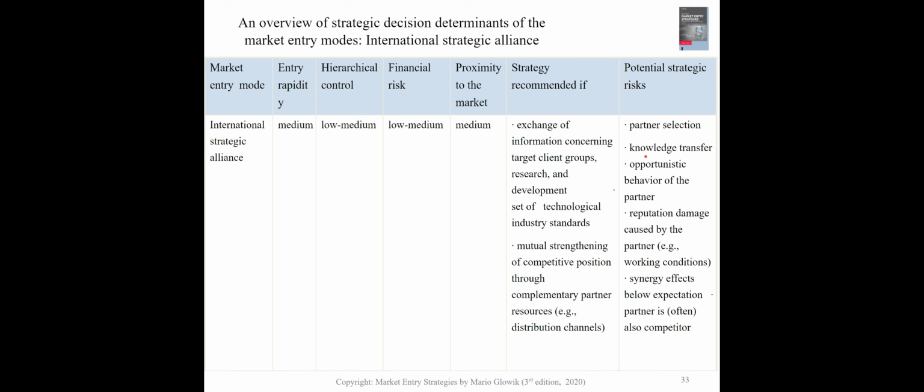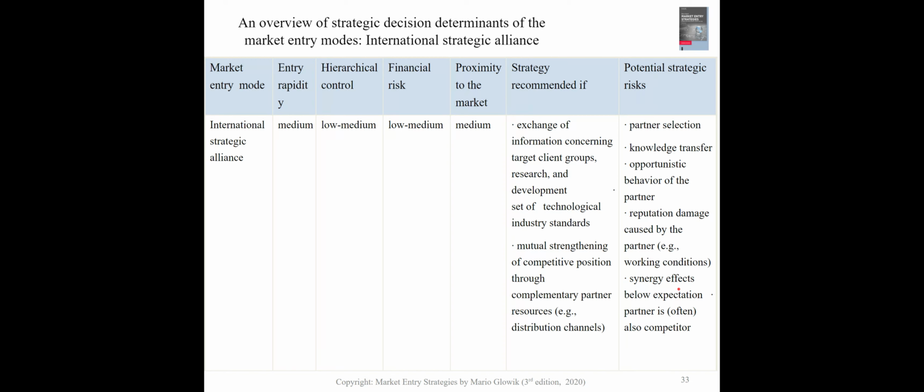and we should be aware of the risk that our knowledge is misused because of opportunistic behavior. Our partner may damage our reputation because of poor working conditions, and if we have agreed on a partnership with them, then it may harm also our reputation easily as well.